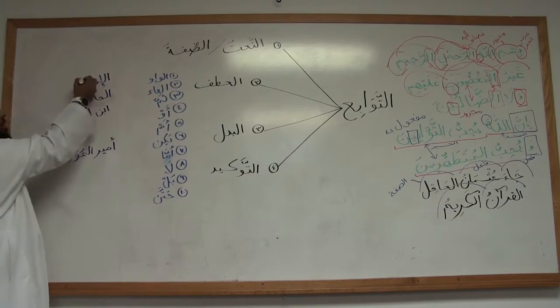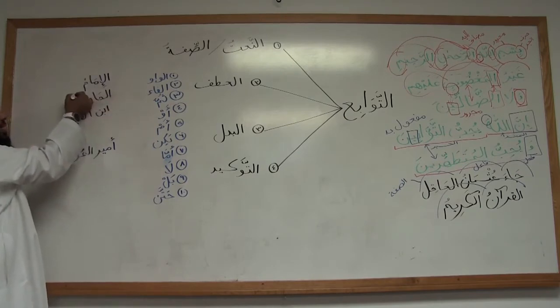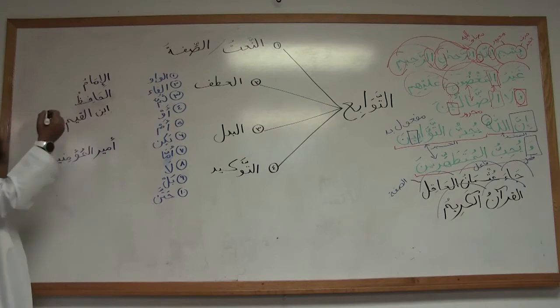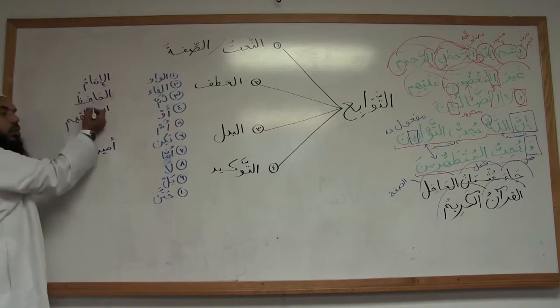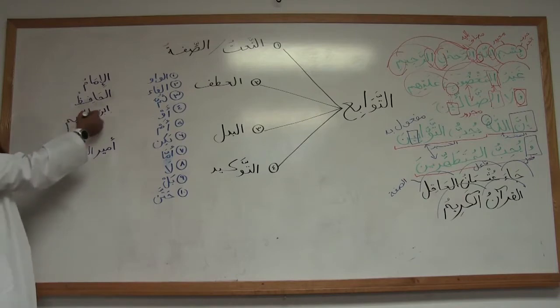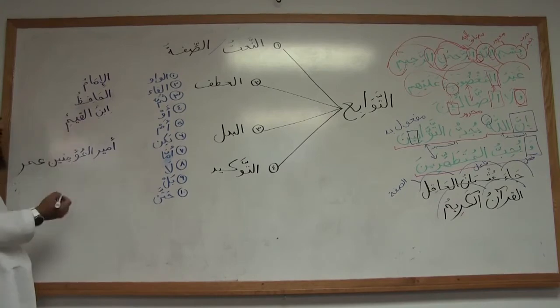Imamu, excellent. Al-Hafidhu. طيب. Ibnu, ni, na. We have ni and nu, we have khilaf of ulama now. Ibn al-Qayyimi, ma, mu. Mu. We have khilaf of ulama here too.